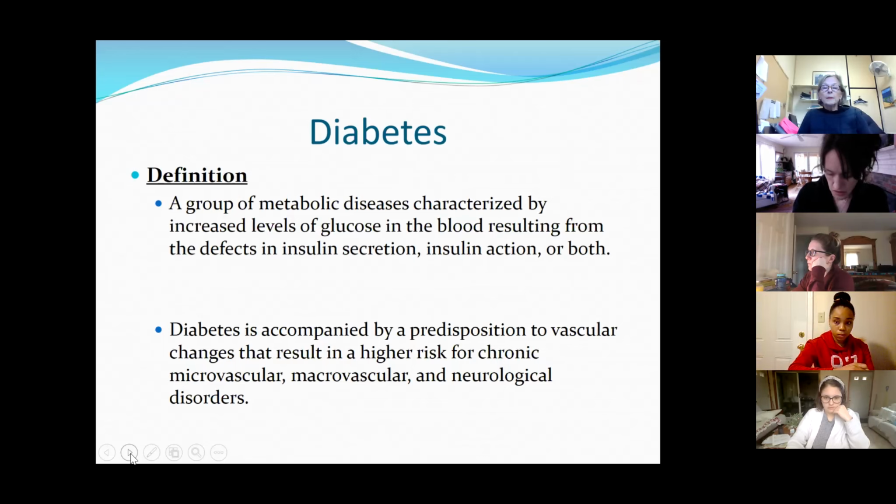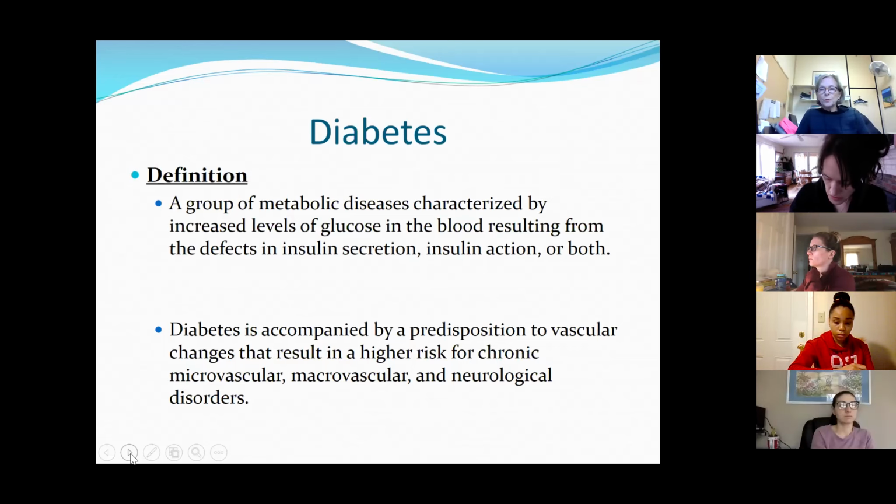So these high blood glucose levels result in higher risk for chronic, microvascular, macrovascular, and neurological disorders. And that's where the real issue with diabetes comes, in all of the short and long-term complications of the hyperglycemia.